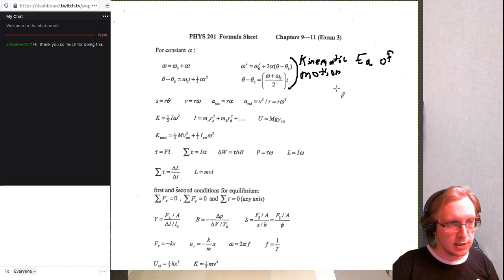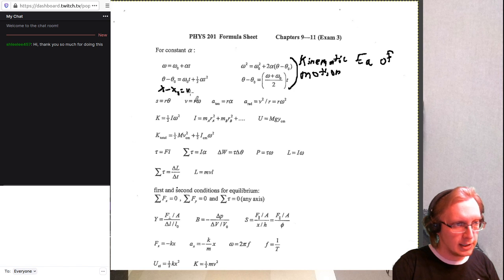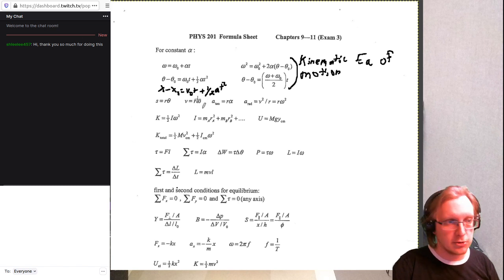They work just like the ones that we saw before from linear motion. So instead of x minus x naught equals v naught t plus 1/2 a t squared, we have theta minus theta naught equals omega naught t plus 1/2 alpha t squared. So all these letters are doing exactly the same thing as the linear letters that we saw in exam 1. So for every x, there's a theta.